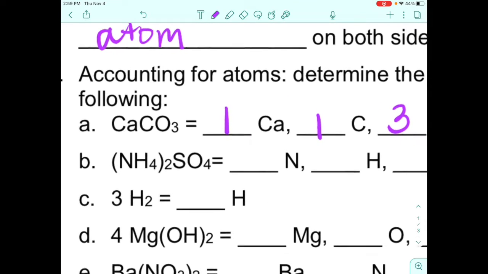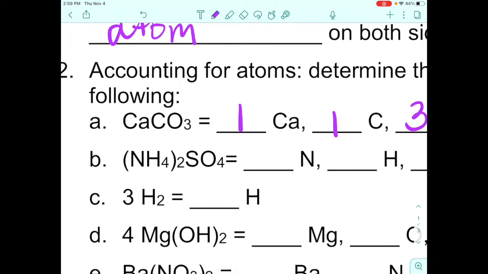So what you want to do with the parentheses is you need to distribute the 2 when you're counting how many atoms. So with the N, there's no subscript right next to the N. But because of this 2 in the parentheses, there are 2 nitrogens.